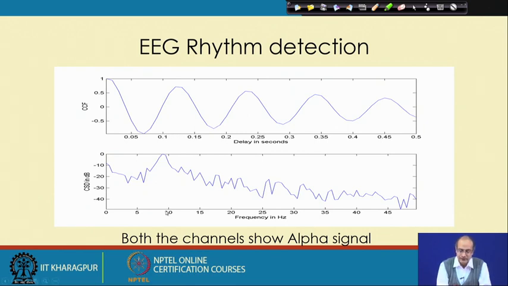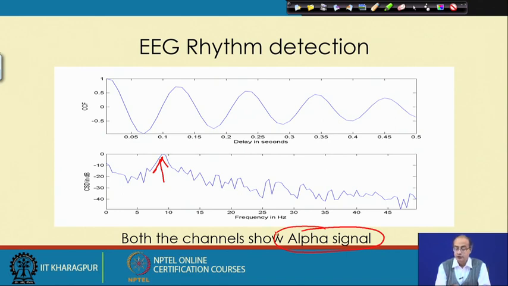In the cross PSD we also get a peak somewhere here, near 9 hertz. That signifies that the alpha signal is present in both cases.